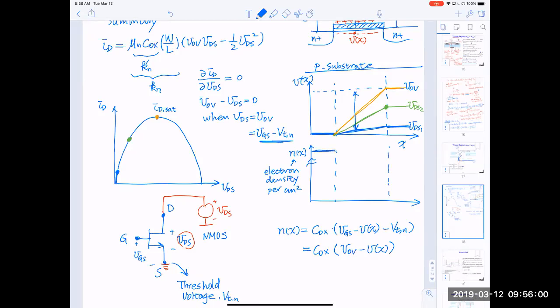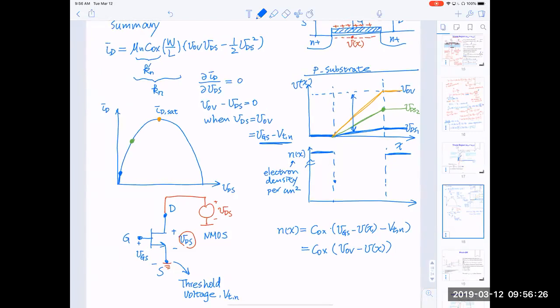Source has lots of electrons, drain has lots of electrons. This comes from doping. This doesn't come from bias. It just comes from doping. And now let's take again these three cases. For the blue line, the difference is very large. So there's a lot of electrons near the source, slightly less, but still a lot of electrons in the drain.